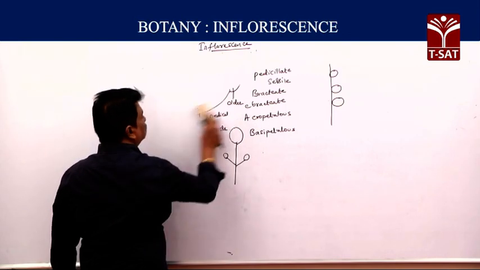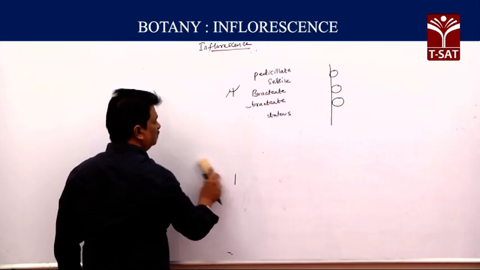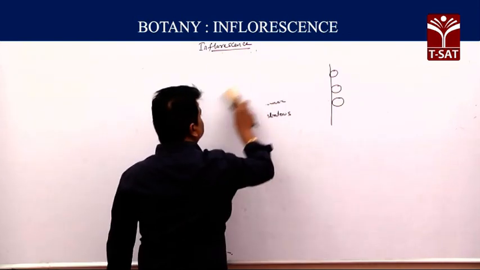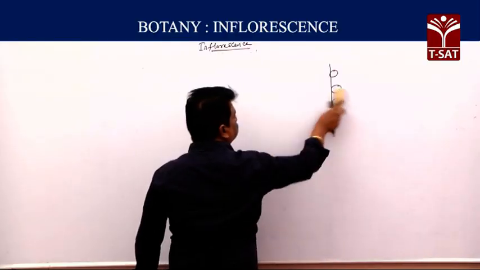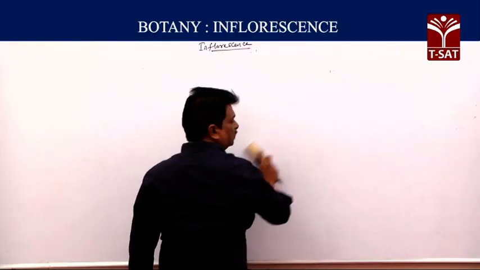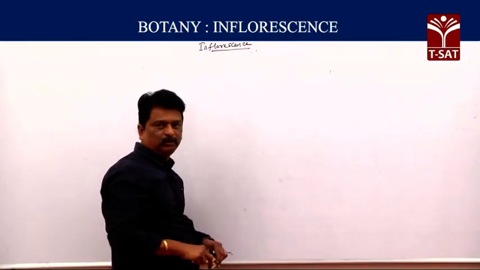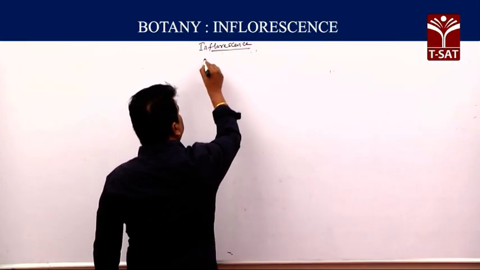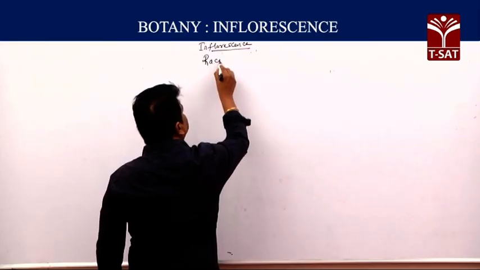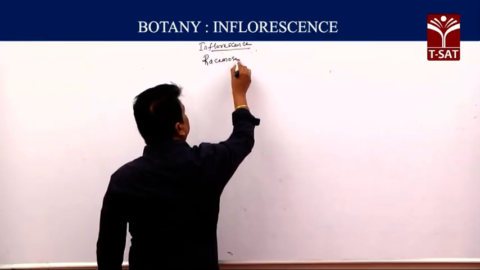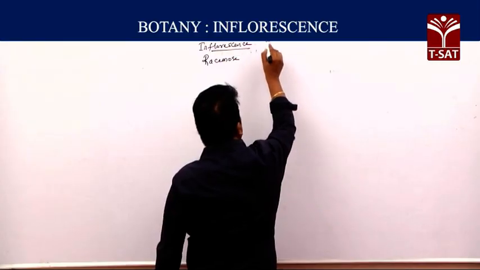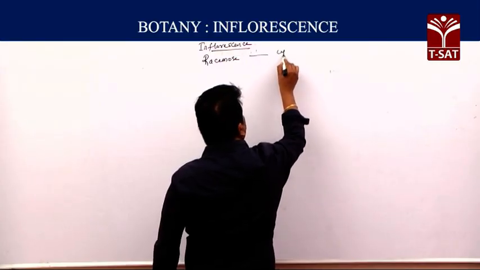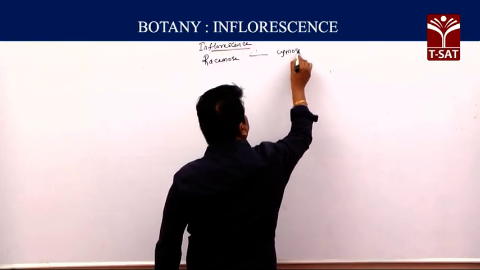Based on the growth pattern of the peduncle, inflorescence is divided into two main types. One is called racemose inflorescence and the second one is called cymose inflorescence.